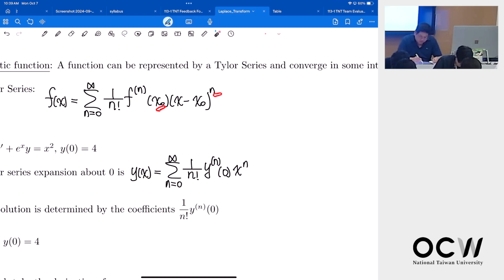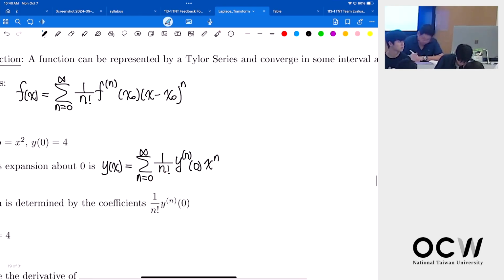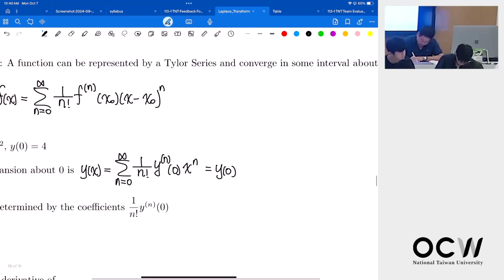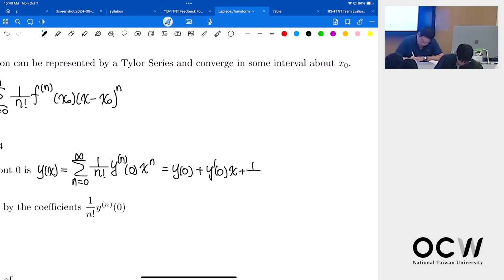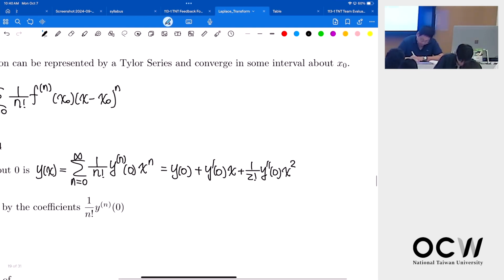Here we will take the derivative and put 0 in. We can expand this: when n equals 0, 0 factorial is 1. So we have y of 0 plus y prime of 0 times x when n equals 1. When n equals 2, that'll be 1 over 2 factorial y double prime 0 times x squared, and so on.